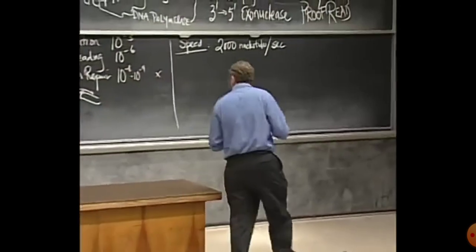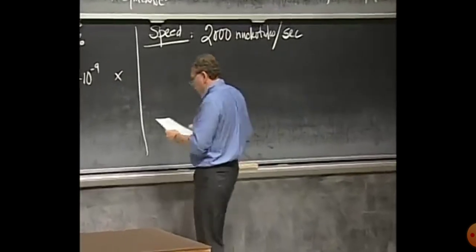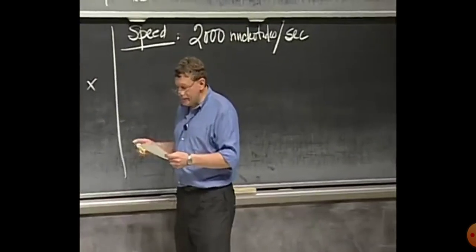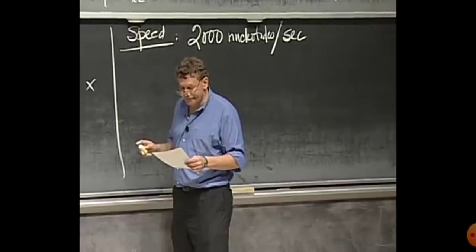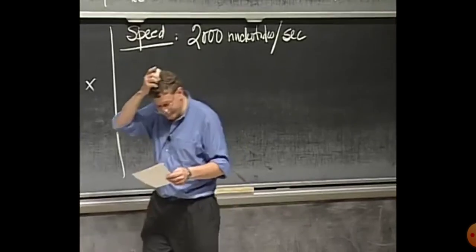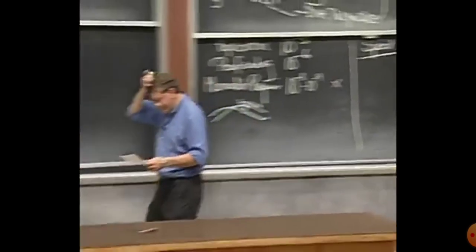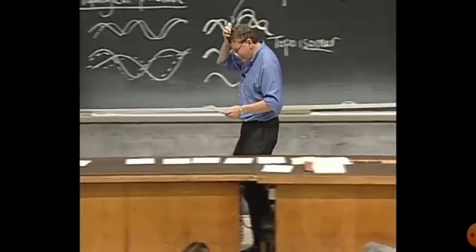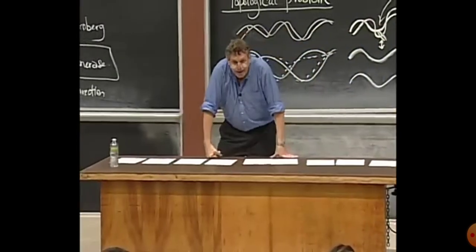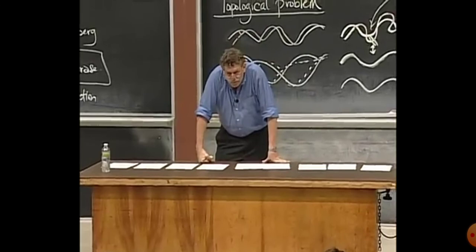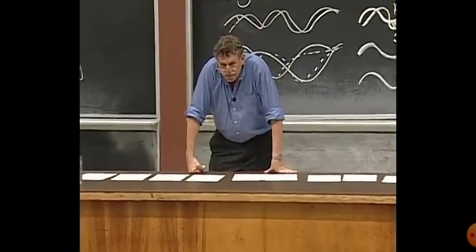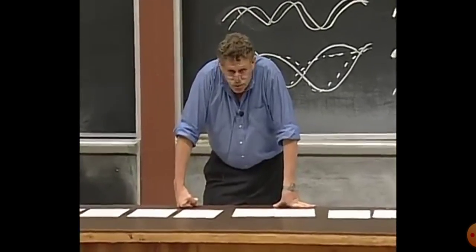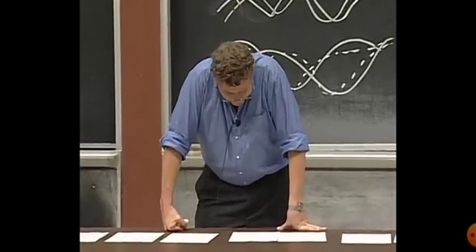All right, so that's kind of how DNA replication works. Well, except for one thing. Kornberg was a biochemist. Biochemists purify things in test tubes.